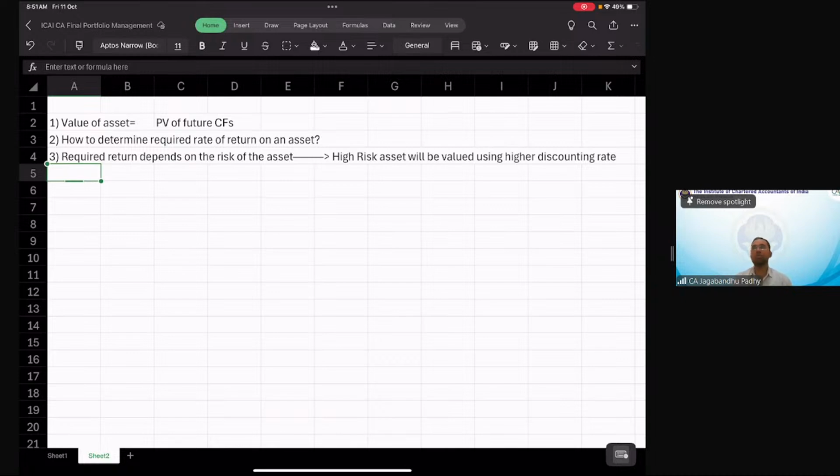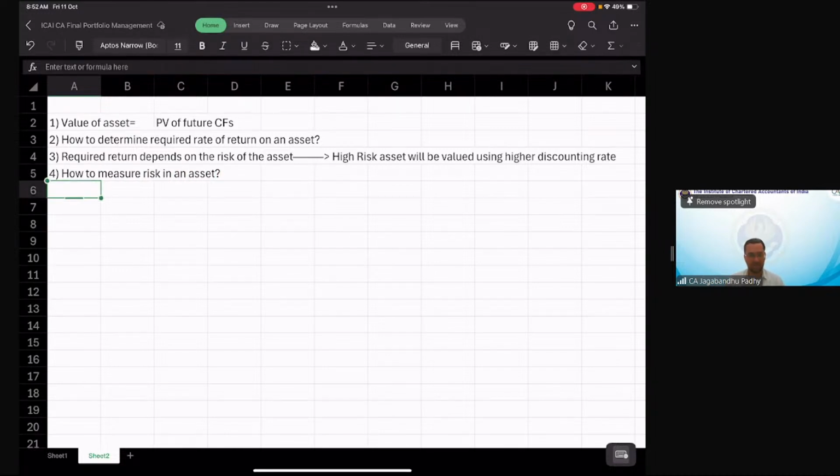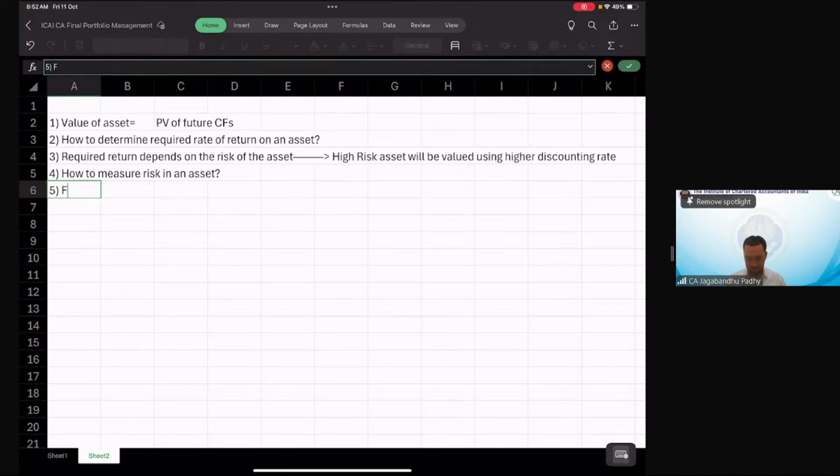Okay. Now, the question again arises, how to measure risk in an asset, right? This is the question that we have. Secondly, for a given level of risk, what should be the required rate of return, right?